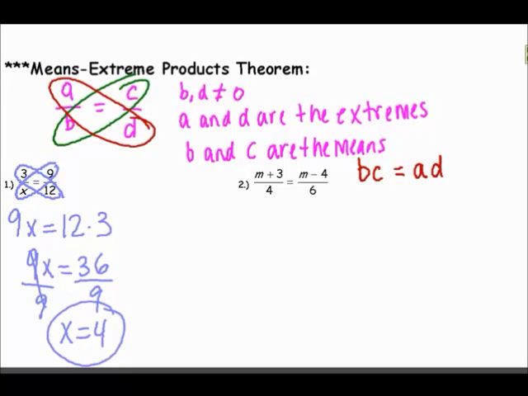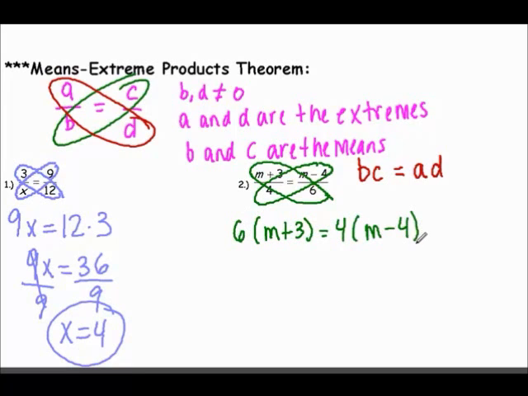Let's see example 2. The product of the means is equal to the product of the extremes. Let's cross multiply. We have that 6 times the quantity m plus 3 equals 4 times the quantity m minus 4. Notice that I wrote m plus 3 in parentheses as well as m minus 4.